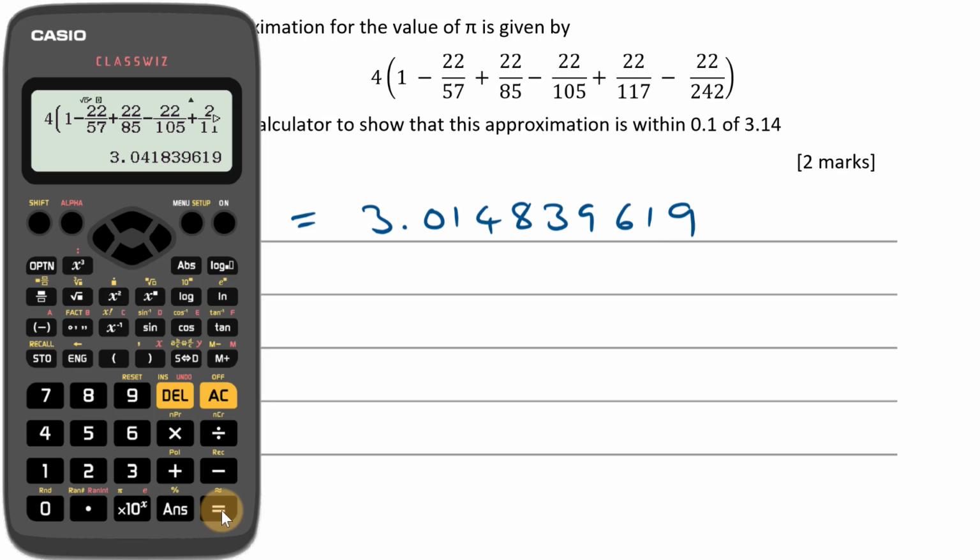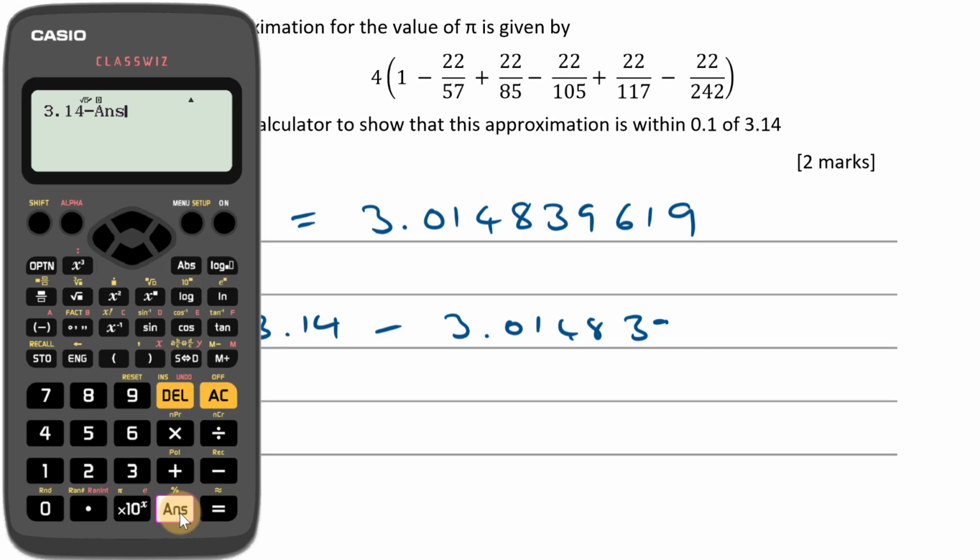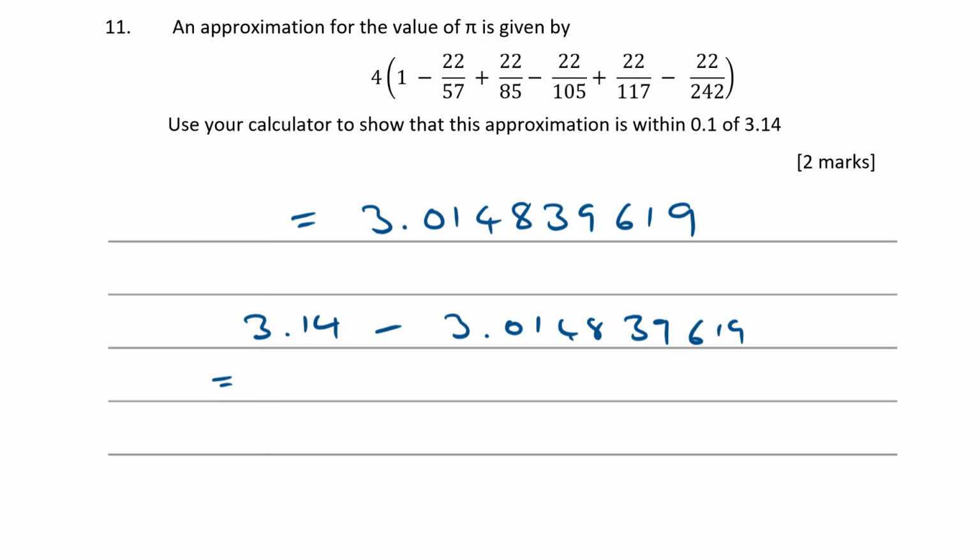So if I then subtract that from 3.14, I should be able to show what the difference is between the two. So 3.14 minus 3.0148399619. What's that going to be equal to then? So on the calculator, 3.14 subtract, don't want to type it in again, just going to use the answer key. That is 0.0816.